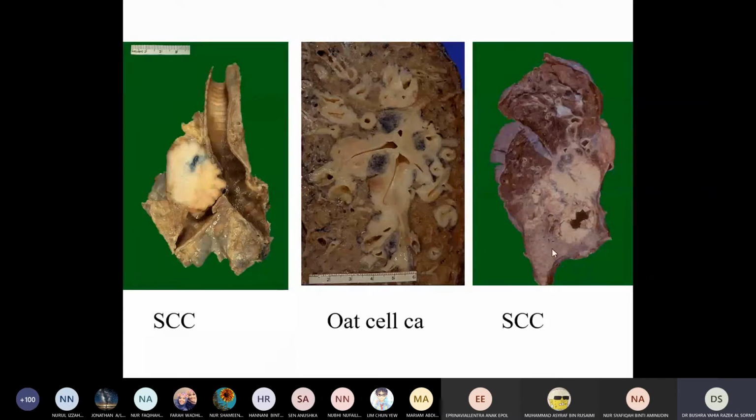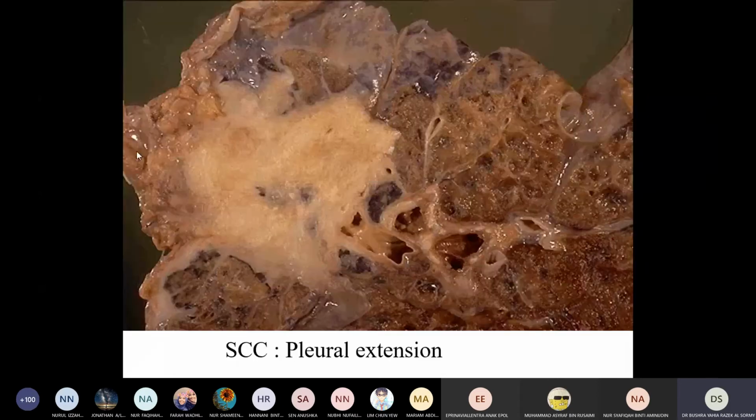This is squamous cell carcinoma with a cavitary lesion. You can see this squamous cell carcinoma already invading the pleura, with gray-whitish tumor, and also the surrounding alveolar tissue. This is the bronchus, arising from the bronchial wall.